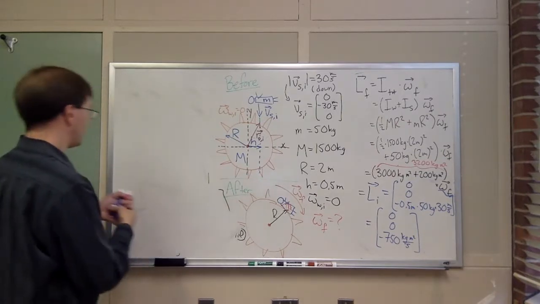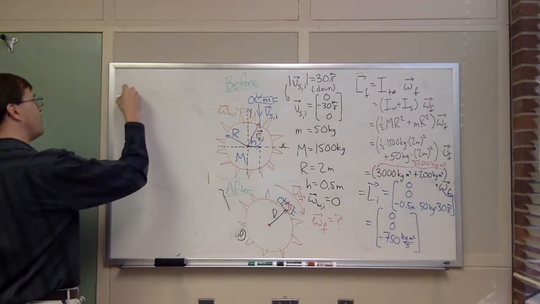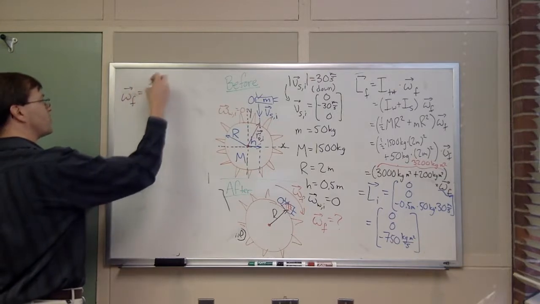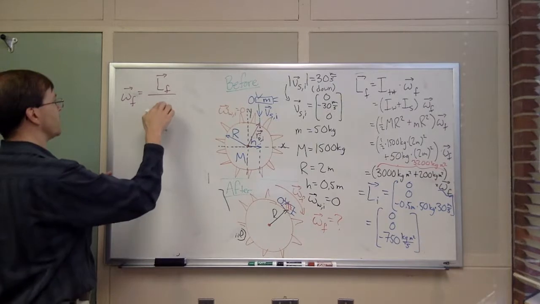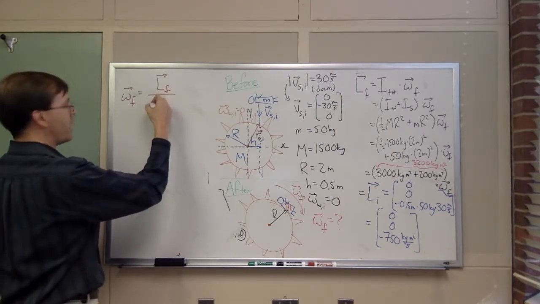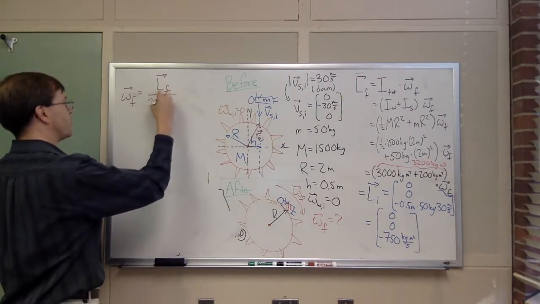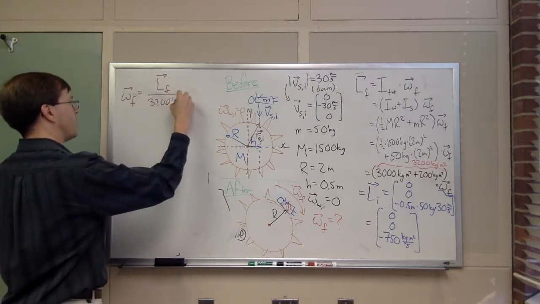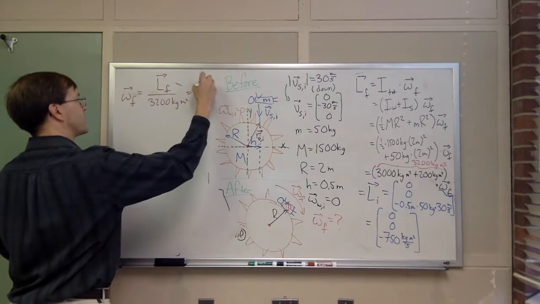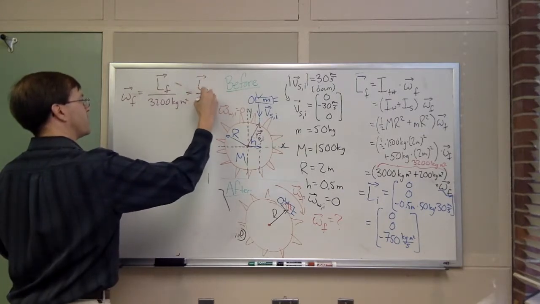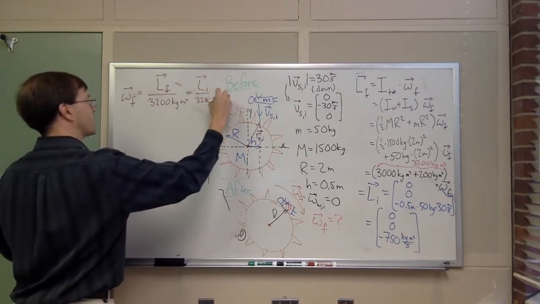Omega final vector is equal to L final divided by 3,200 kilogram meter squared, and this equals L initial divided by 3,200 kilogram meter squared.